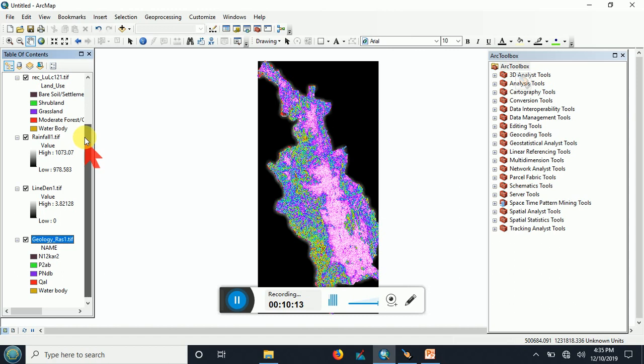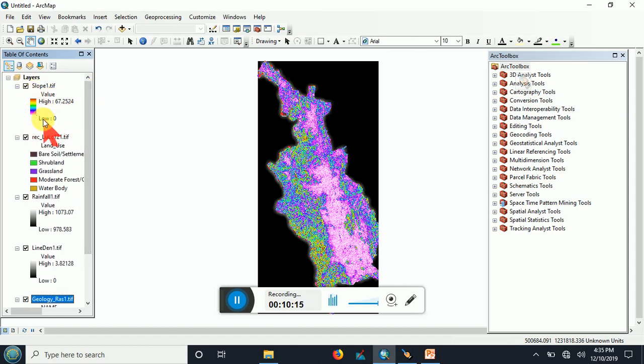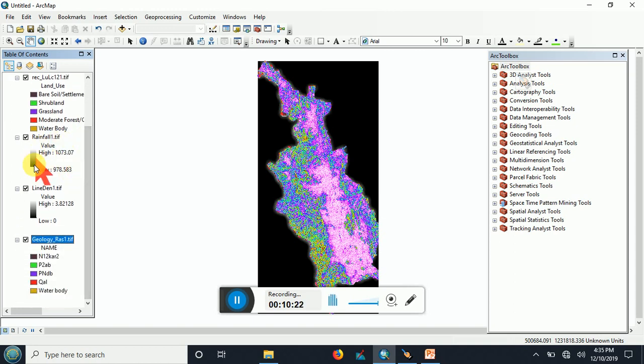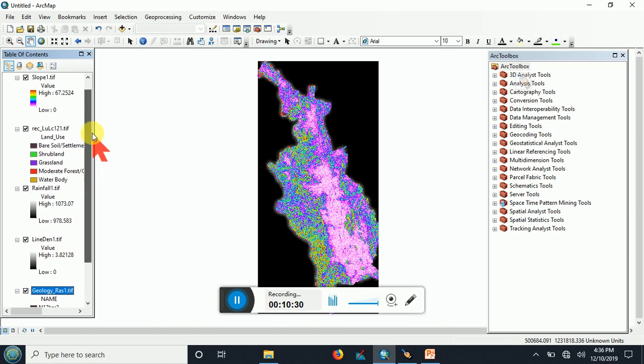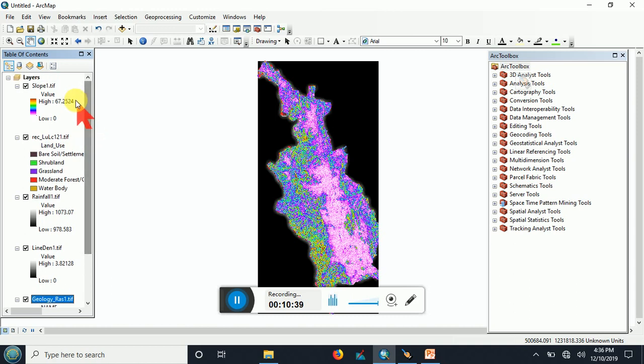But when you examine slope, it's not reclassified because it shows only the pixel values from 0 to 67, and similarly rainfall needs to be reclassified, and the alignment density also has to be reclassified, no? So let me classify, for instance, the slope.